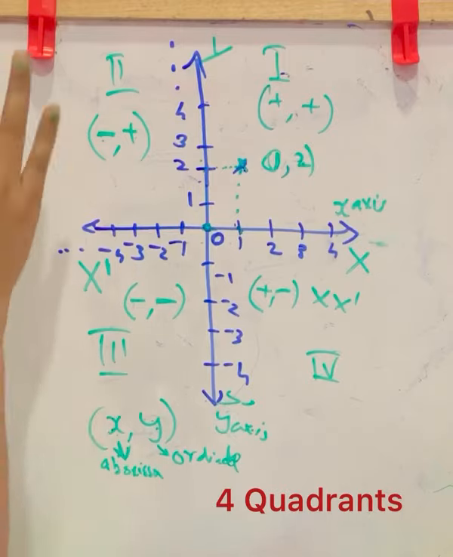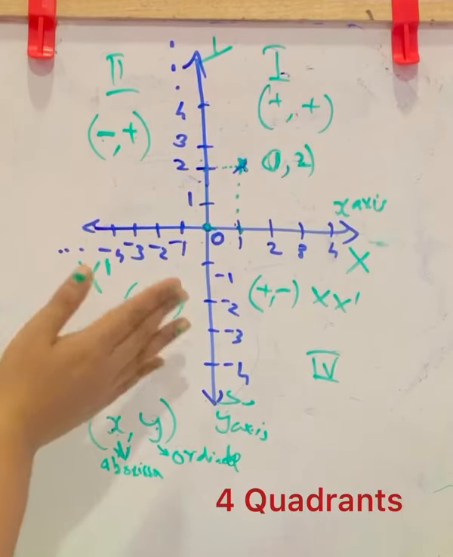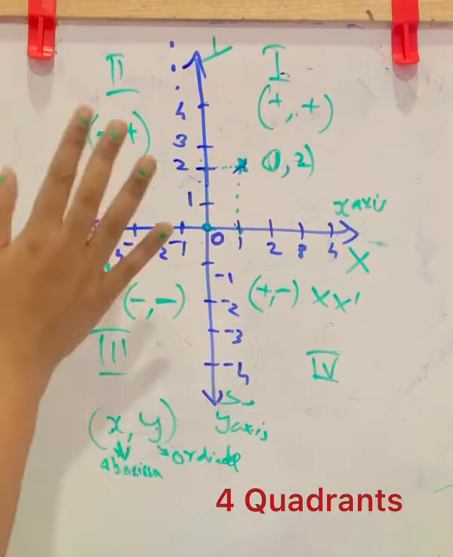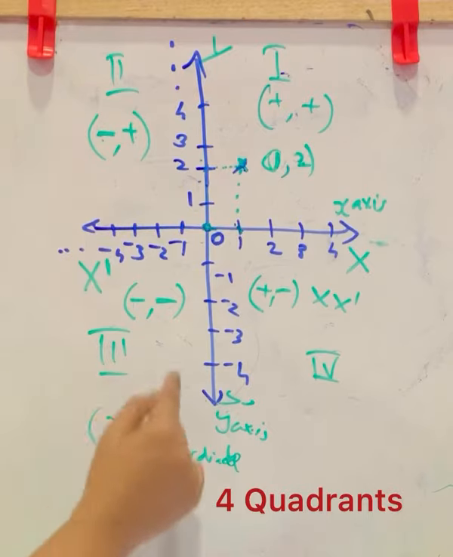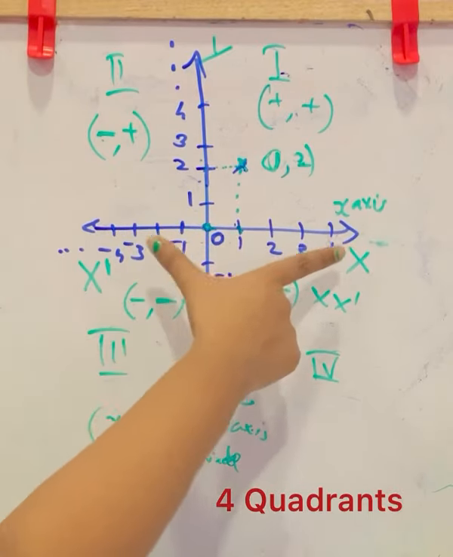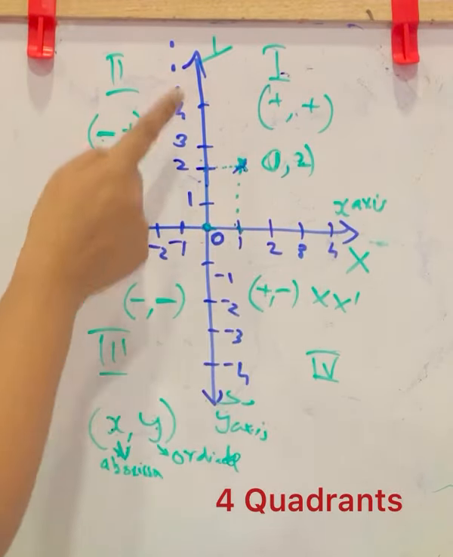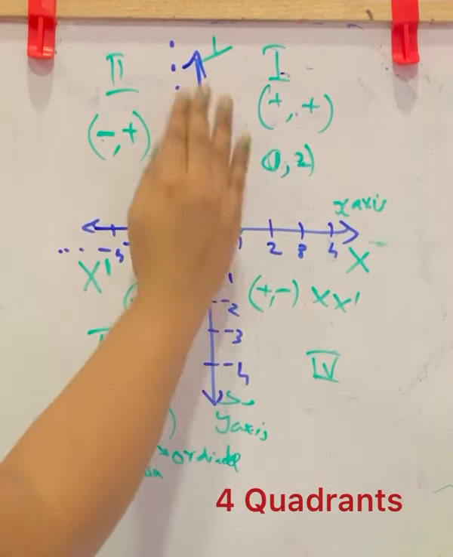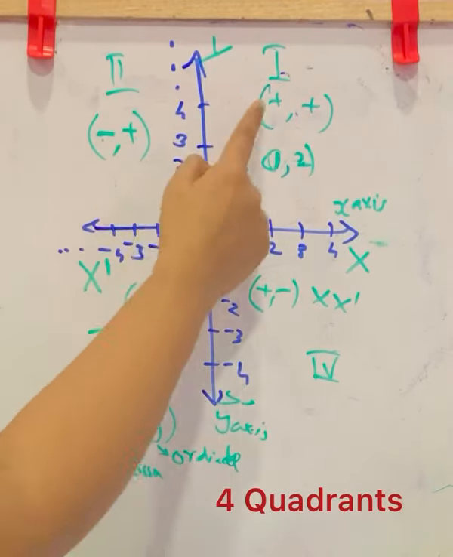So these are the basics of the Cartesian plane. This is the Cartesian plane or xy plane or coordinate plane. These axes are called xy axes or coordinate axes, and this is named x dash and this is named y dash. These are the four quadrants. In the first quadrant we have both positives, that is x coordinate and y coordinate.